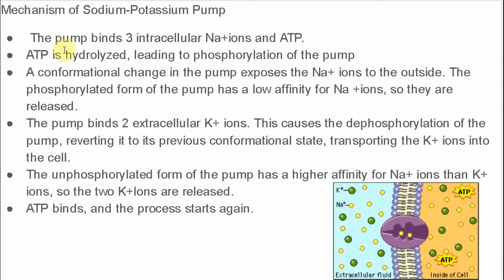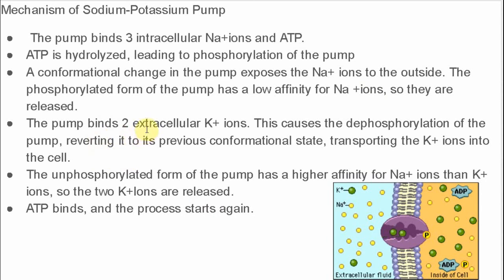If we want to check the mechanism stepwise, first the pump binds with 3 intracellular Na plus ions and ATP. Then ATP is hydrolyzed, leading to phosphorylation of the pump. Then a conformational change in the pump exposes the Na plus ions to the outside, and the phosphorylated form of the pump has low affinity for Na plus ions, so they are released to the extracellular fluid.